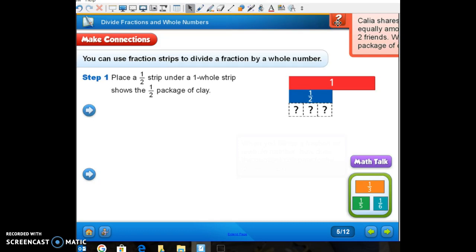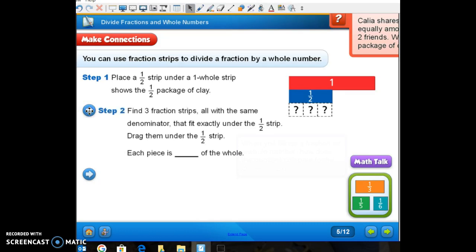So use fraction strips to divide a fraction by a whole number. Place a 1/2 strip under your 1 whole. Show the 1/2 package of clay. Now, we're going to need to divide that 1/2 into 3. Step 2, find 3 fraction strips, all with the same denominator, that fit exactly under the 1/2 strip.